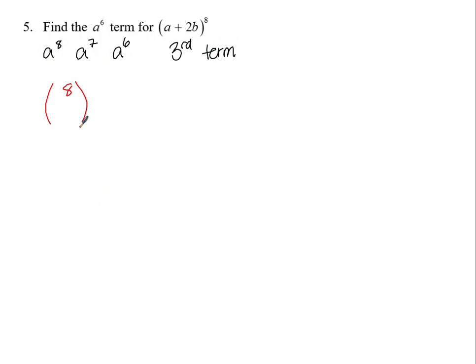n is 8, and r is 1 less than the term we want to find, so 2. We have a to the 8 minus 2 power times 2b squared.